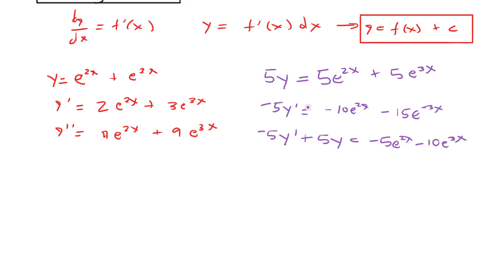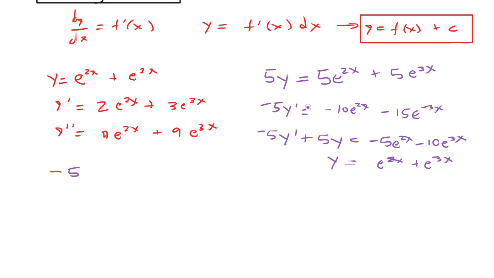What if from here we added another y? So y equals e to the 2x plus e to the 3x. What happens is that you end up with the following.